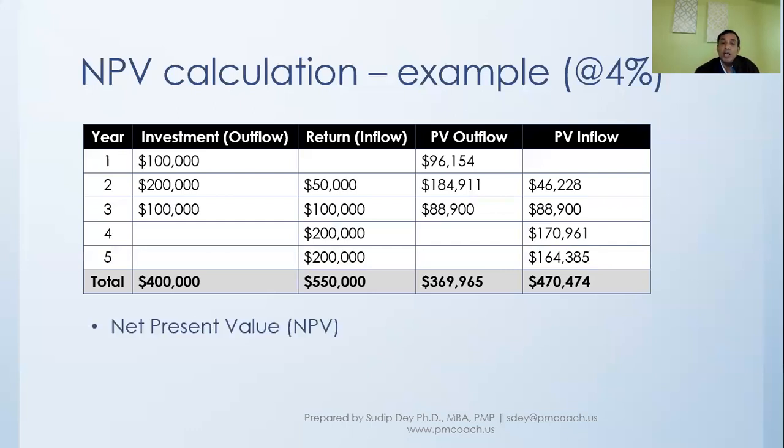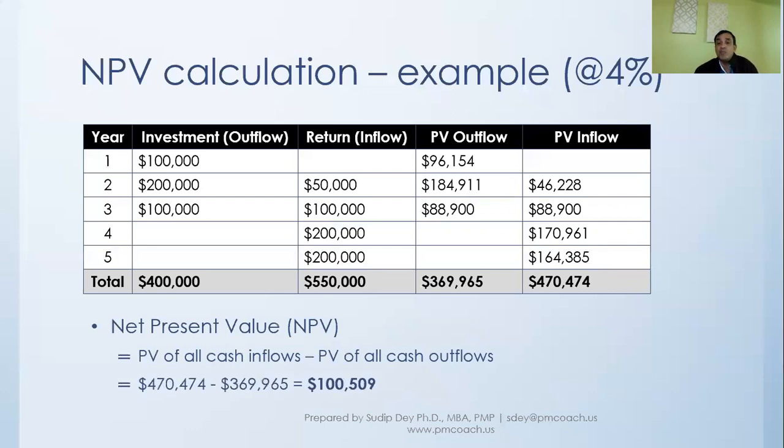And when we do a net present value, which is the present value of all cash inflows minus the present value of all cash outflows, basically 470,474 minus 369,965, which is 100,509.